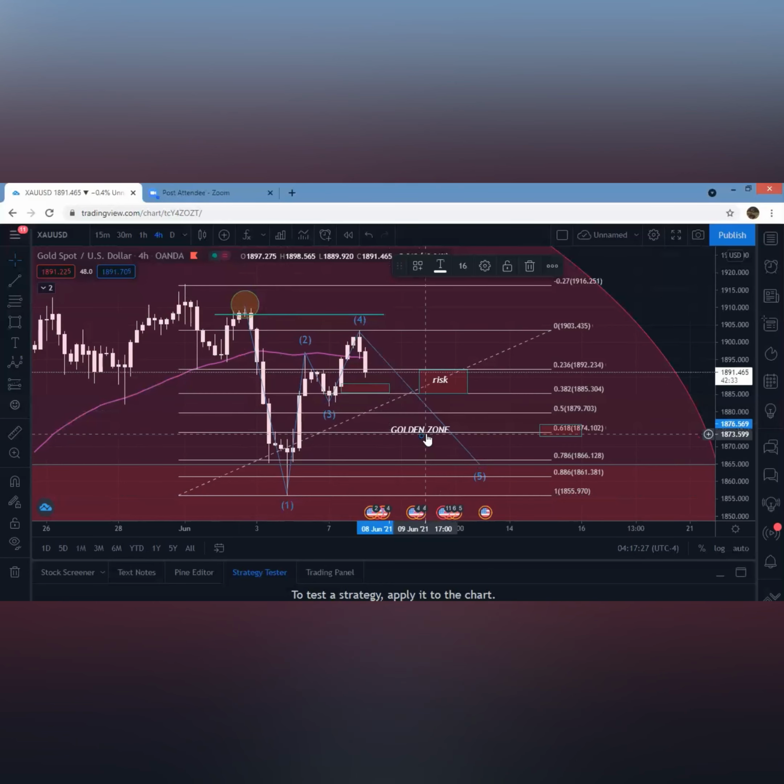That's even better. But I always look for 30 to 40 pip moves, but those 50 to 60 pip moves also pay very well. So it's all about getting this part right, though.